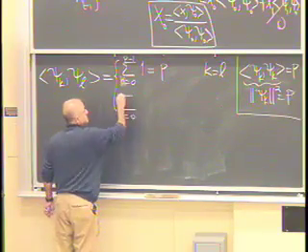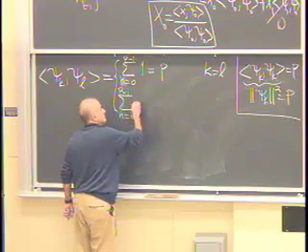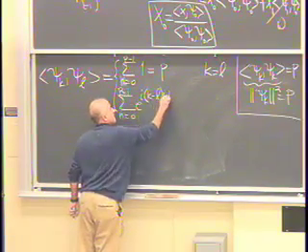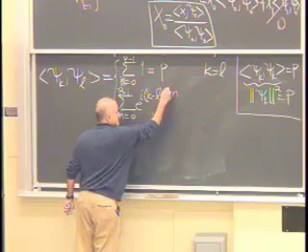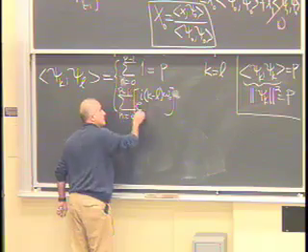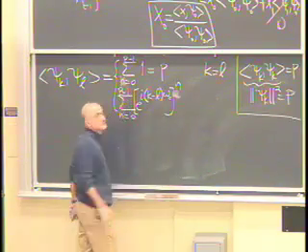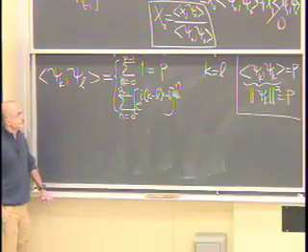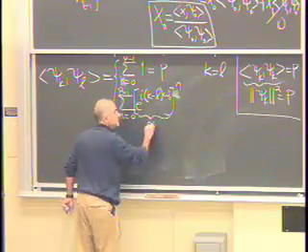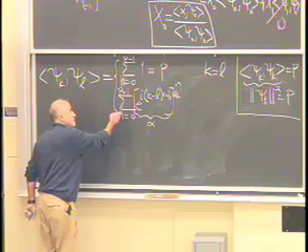Well, let's write it out again. But this time, I'm going to write it this way. It's some alpha to the nth power, and I'm taking the summation.